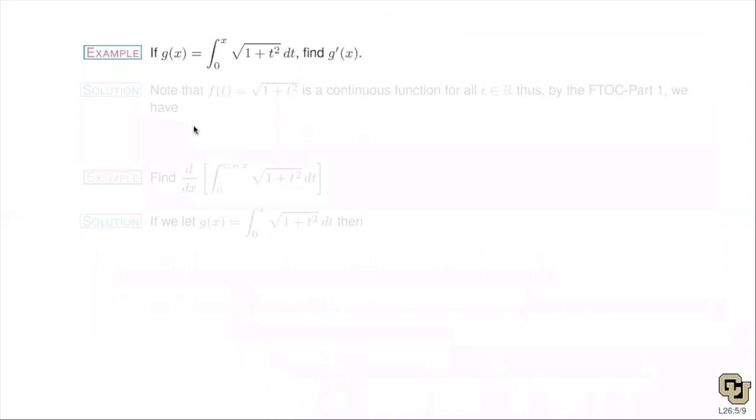Okay, so the best way to now show you fundamental theorem of calculus part 1 is to start doing some examples. So here's the first problem. It says if g of x is equal to the integral from 0 to x of radical 1 plus t squared dt, find g prime of x. The first thing I want to warn you about, remember I always say calculus is limit problems, derivative problems, integral problems.